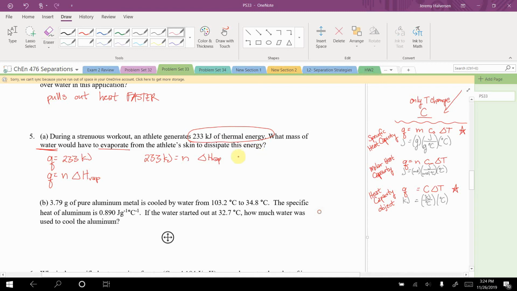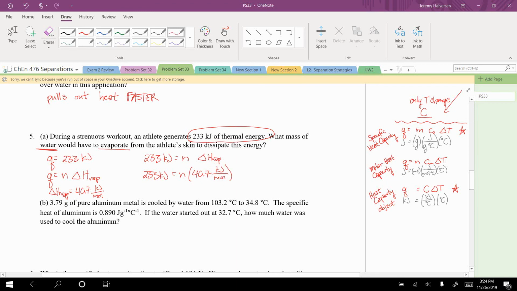Okay, I just found that the delta H of vaporization equals 40.7 kilojoules per mole. So if I want to vaporize 1 mole of something, it's going to take 40.7 kilojoules. But I'm not dealing with 1 mole. I need to figure out how many moles I'm dealing with to absorb 233 kilojoules. So I could just say 233 kilojoules equals n times 40.7 kilojoules per mole.